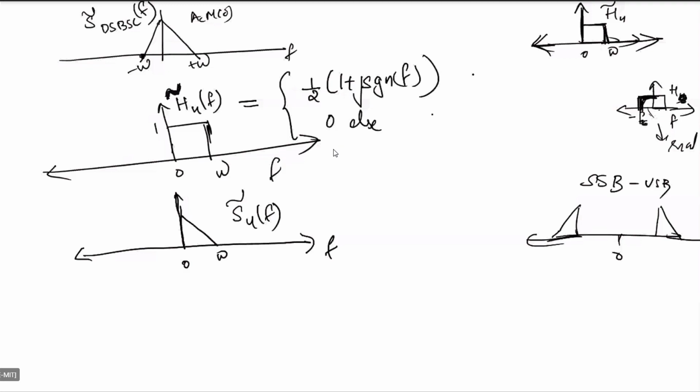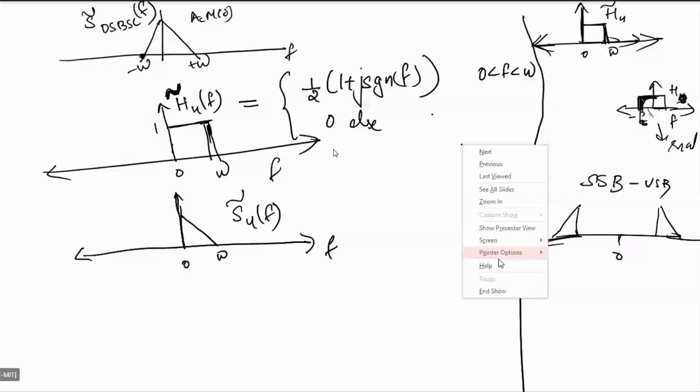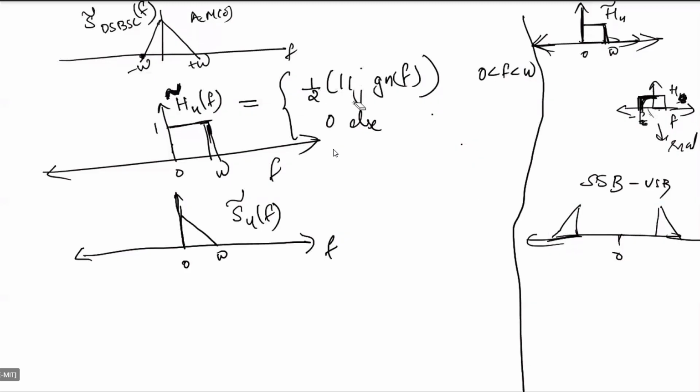This is for 0 to W. So this is the complex filter. If you are trying to write an expression for the complex filter, it will look like this: 1 by 2 into 1 plus signum f, not j, j is not there. Why is it not the same?